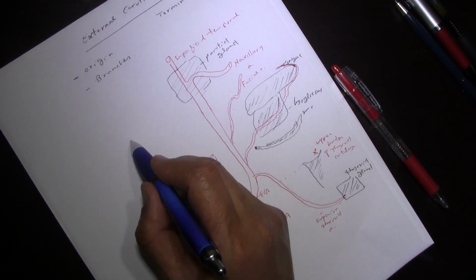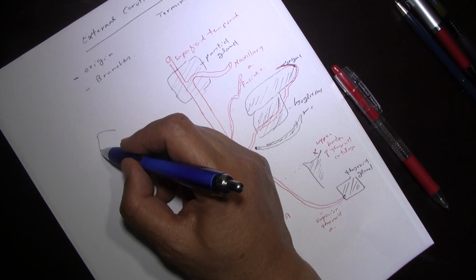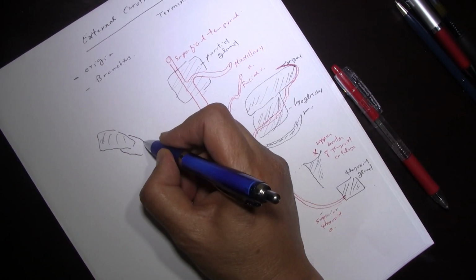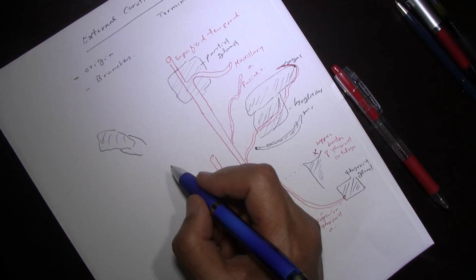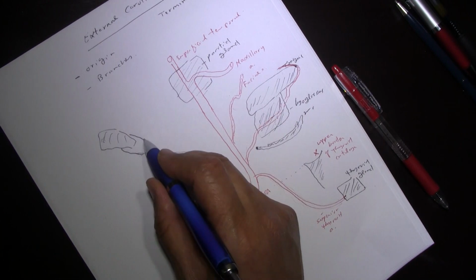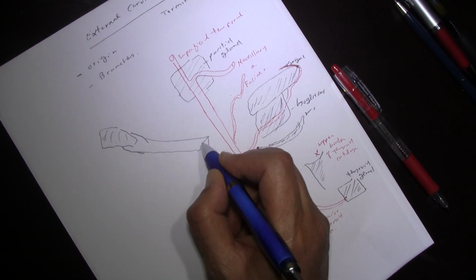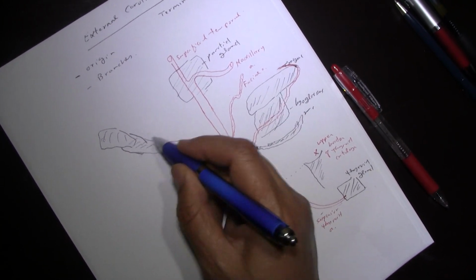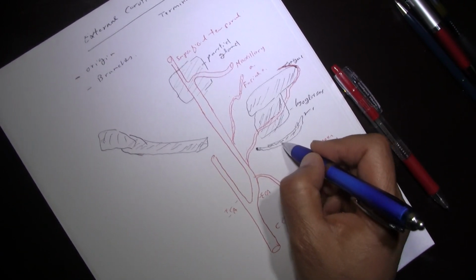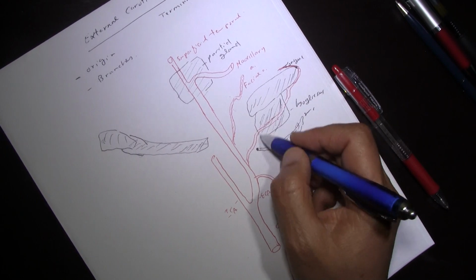Behind, if you remember, here is the mastoid process. Which muscle attaches to the deep surface of mastoid process? It is posterior belly of digastric. And the posterior belly of digastric, if you remember, if I extend it, is going to hyoid bone and connects to the anterior belly.